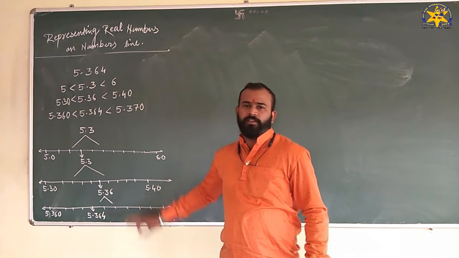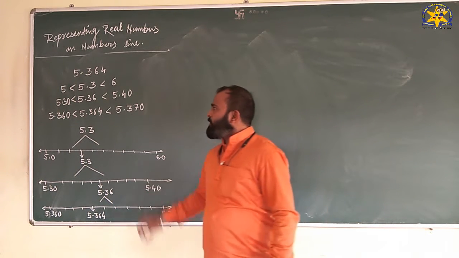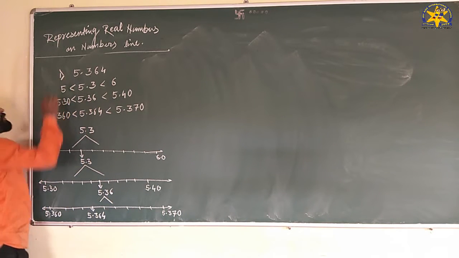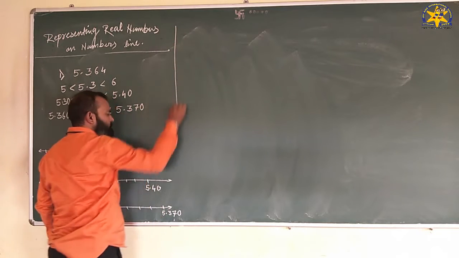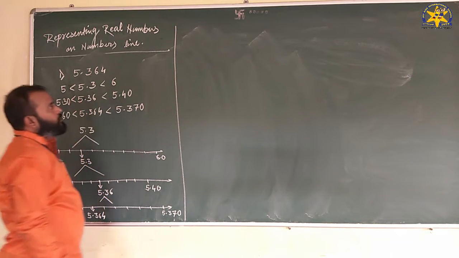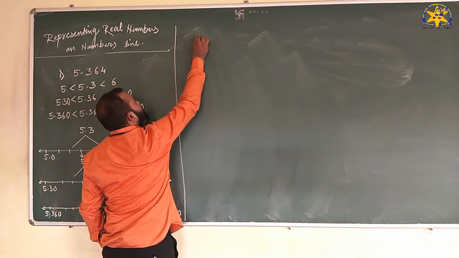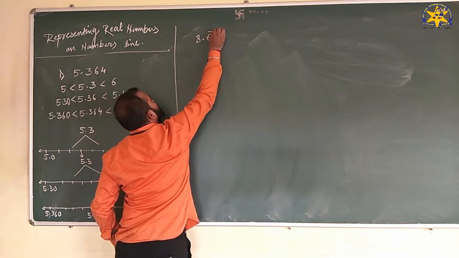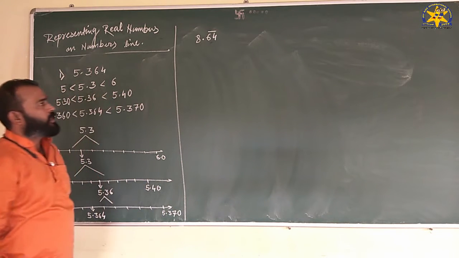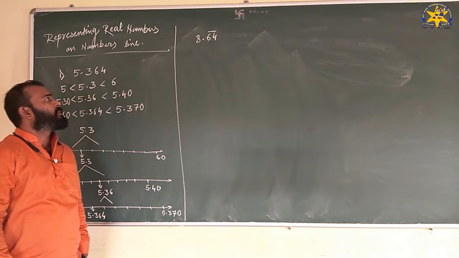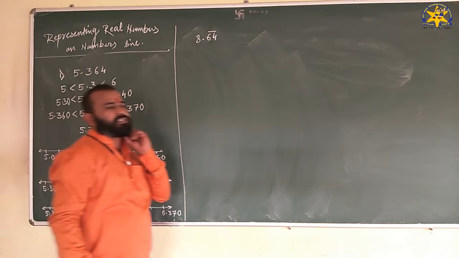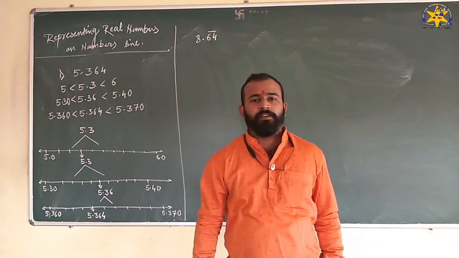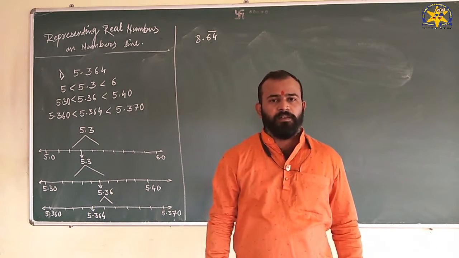Okay. Again, one example I am taking. Please listen, see carefully. Suppose it is like this: 8.64 recurring, and it is asked to represent 8.64 recurring on the number line up to its 4 decimals.